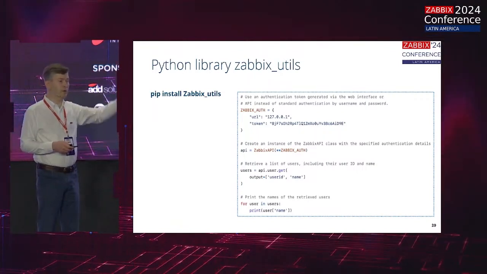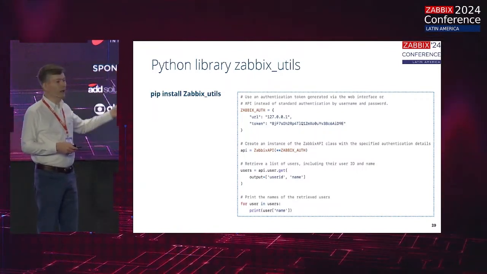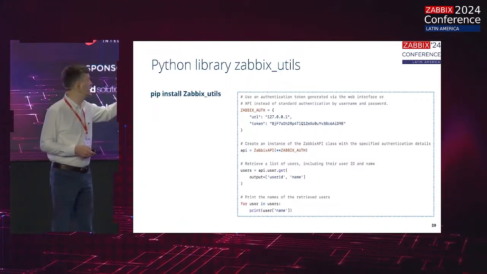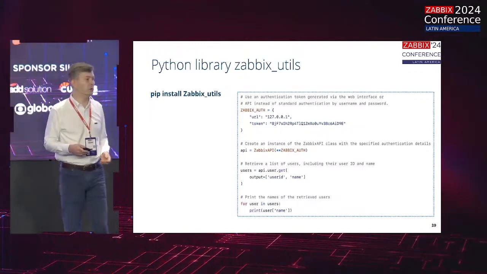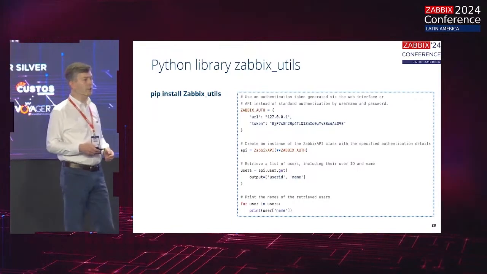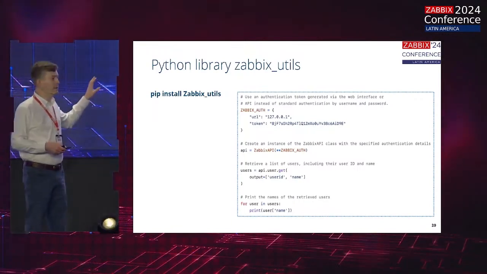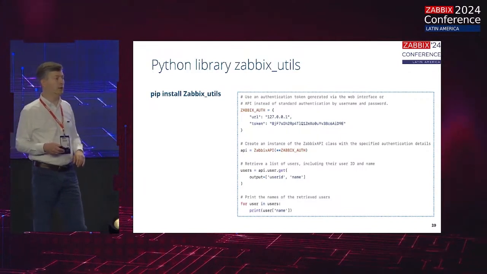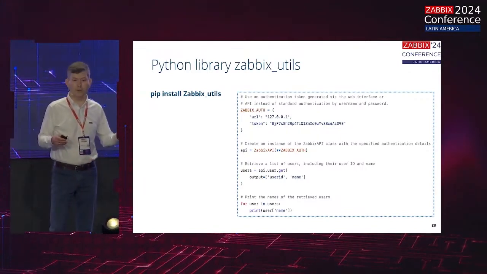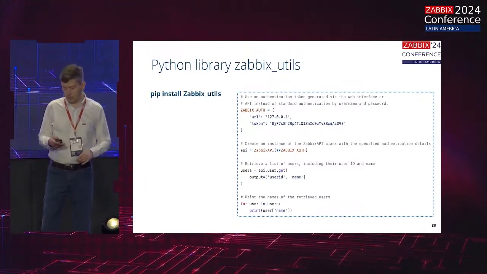Yeah, there will be a list of usernames. So very simple, just a few lines of code, like 5, 6, maybe 10 lines of code, and we do something useful. Okay, so please have a look. I think this is an officially supported library, and it's already got lots of popularity among Zabbix users and community members.